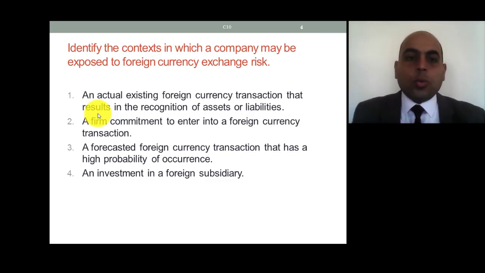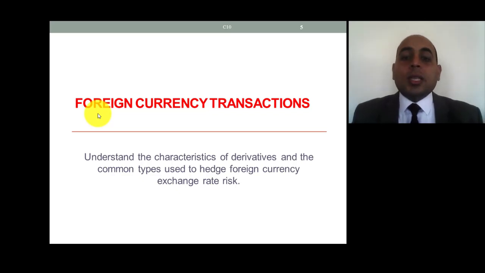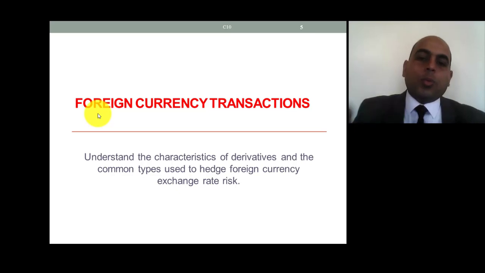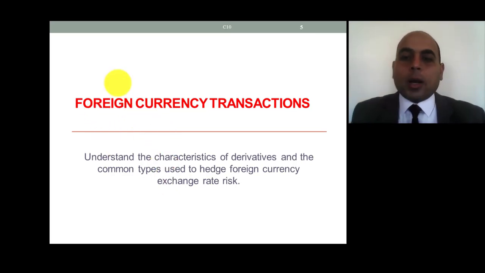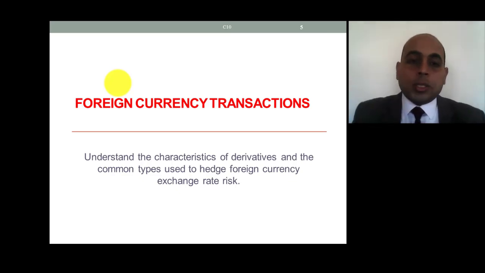To do that, we can enter into a forward contract or futures contract or swap contract or option contract. It means that we enter into or acquire derivatives, or financial derivatives, to protect ourselves against the fluctuation.